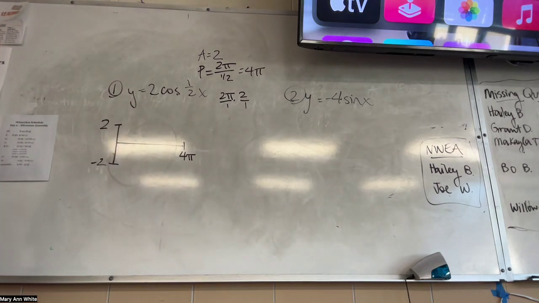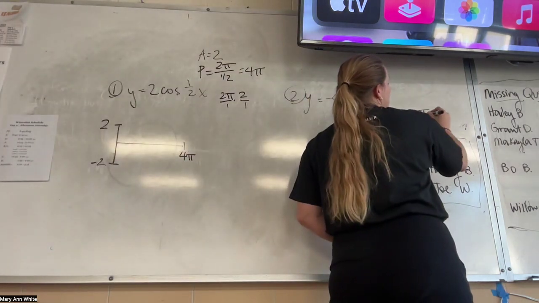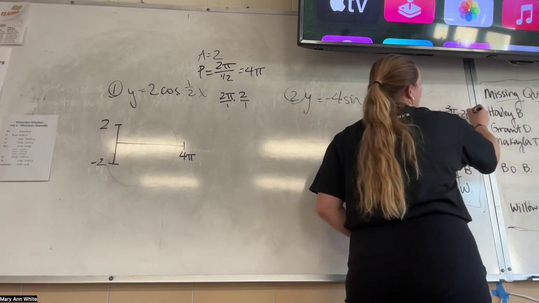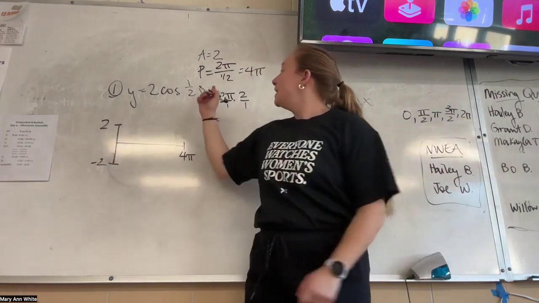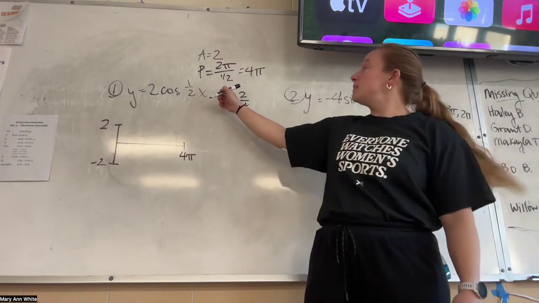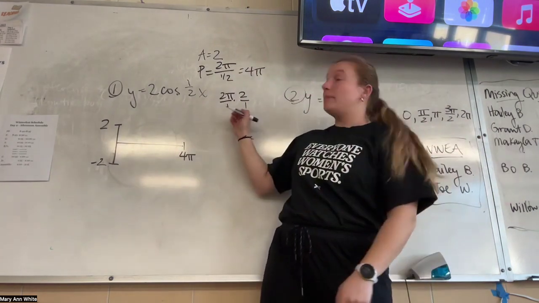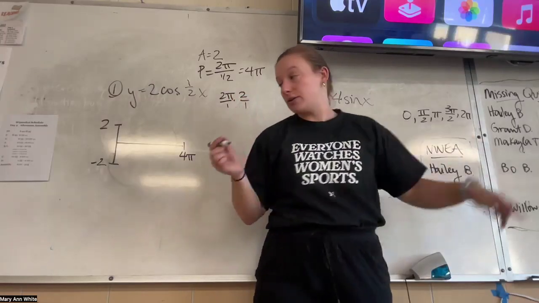Okay. The angles that we have been using this whole time, 0, pi over 2, pi, 3 pi over 2, 2 pi. Just like we took that last number 2 pi and divided by 1/2, or times it by 2, to get my period, I'm going to take all of these numbers and multiply them by 2 to get their points. So 0 times 2, 0.